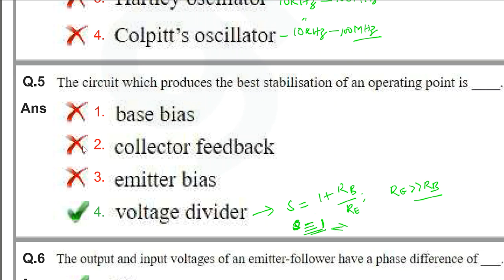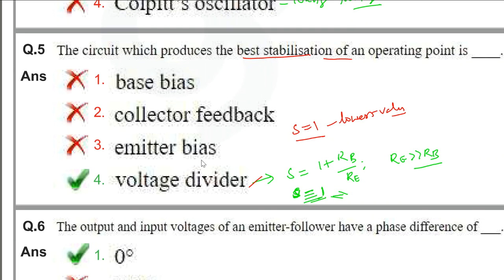So the voltage divider bias has the lowest stability factor, meaning best stabilization. I repeat the point: the voltage divider bias will have the lowest value of stability factor S, so it will have the best stabilization of operating point compared to all other biasing techniques.